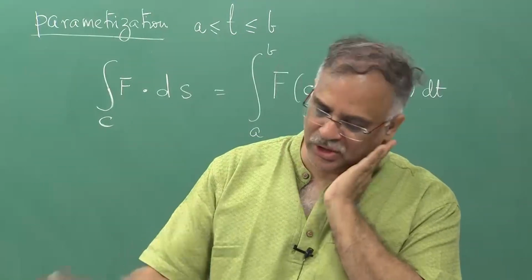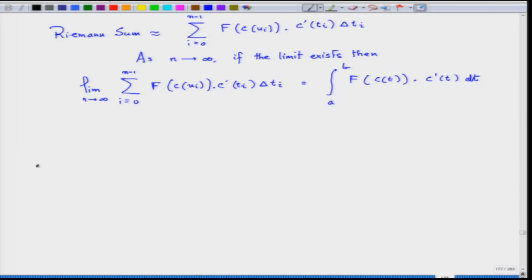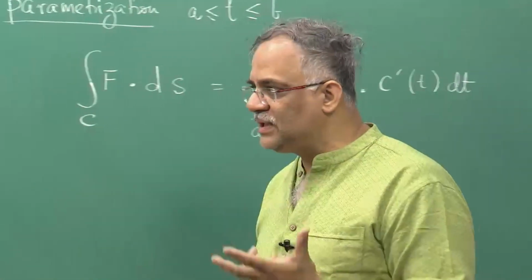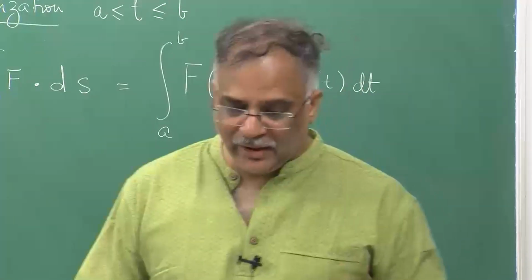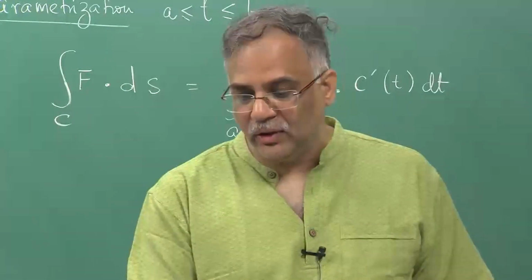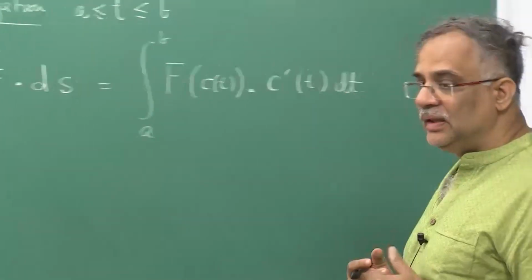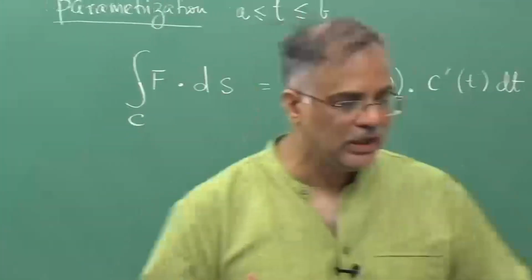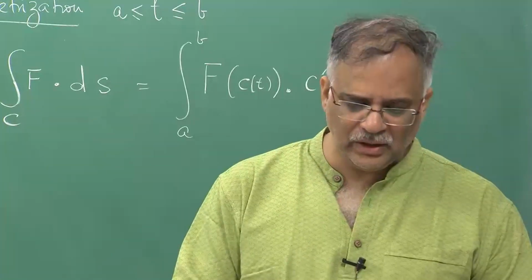When you are taking a line integral, suppose you have a point A and a point B in space, and I move from A to B along a path C. The path C determines how you are moving, either from A to B or from B to A. The value of the line integral can change depending on which way you have moved, whether you have gone along C from A to B or come from B to A. That change of direction can change the value of the line integral. There is a nice example in the book, which I think is very useful.